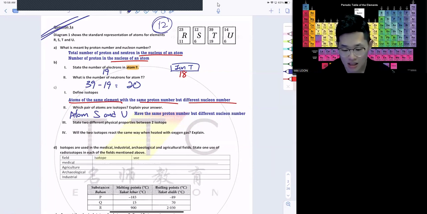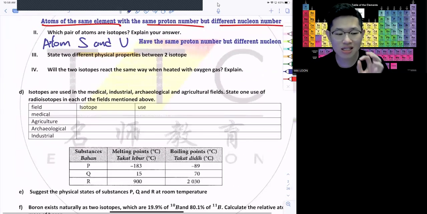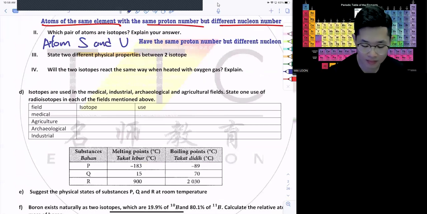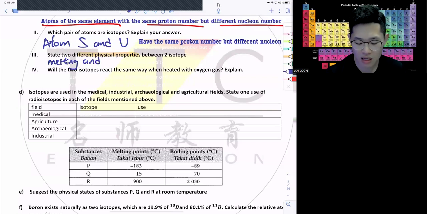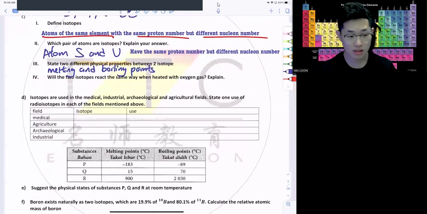Okay, next. State two different physical properties between the two isotopes. Different physical property. Okay. Every time when you see physical property, you can always mention melting and boiling points.